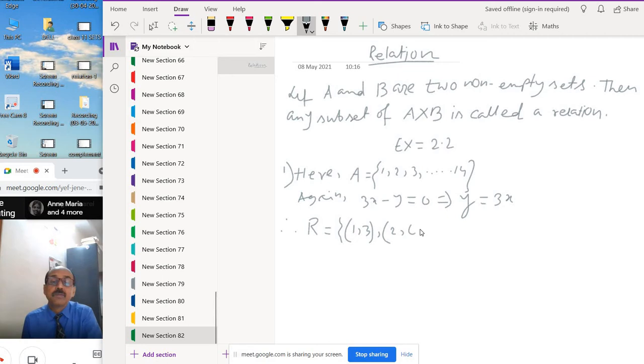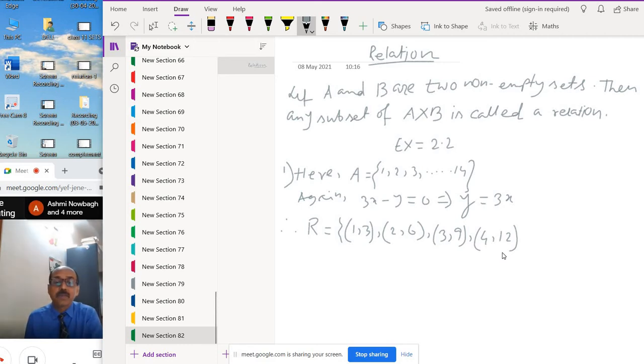Then x equal to 3, y equals 3 into 3, 9. Then x equal to 4, y equals 3 into 4, which is 12.